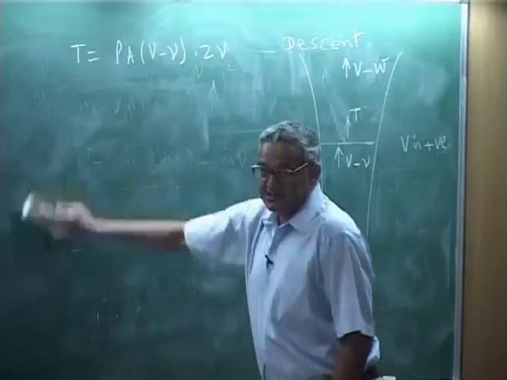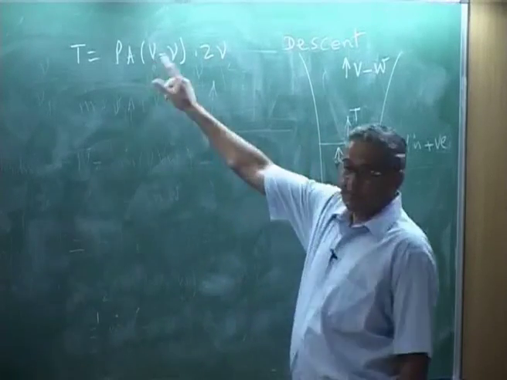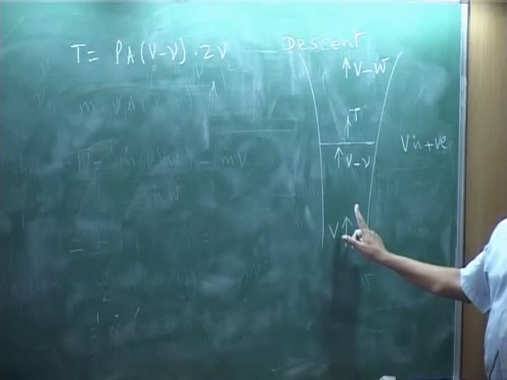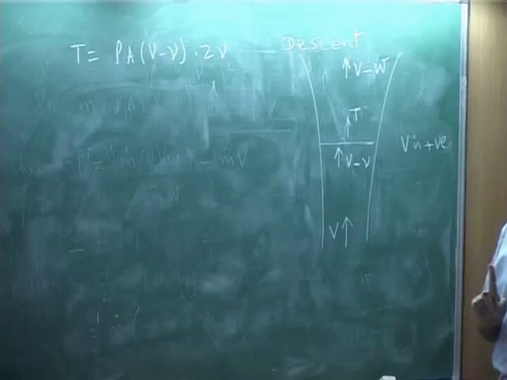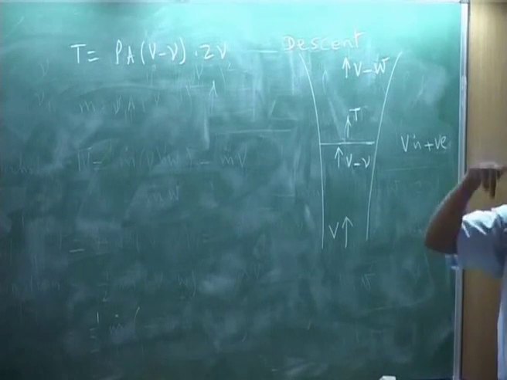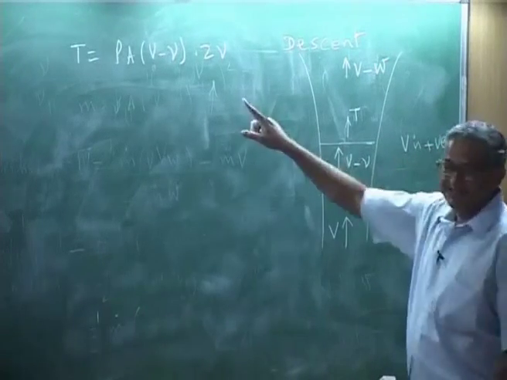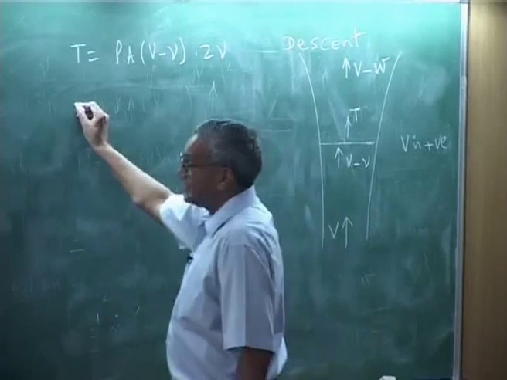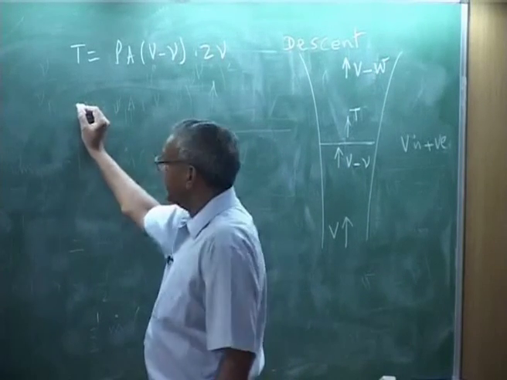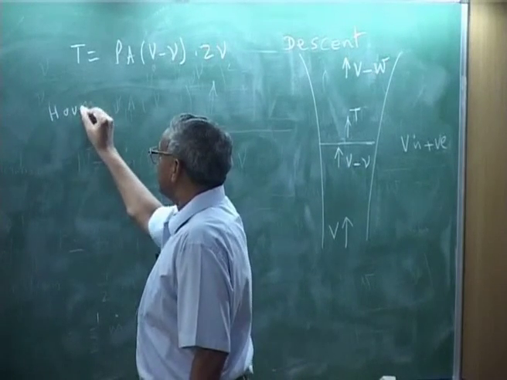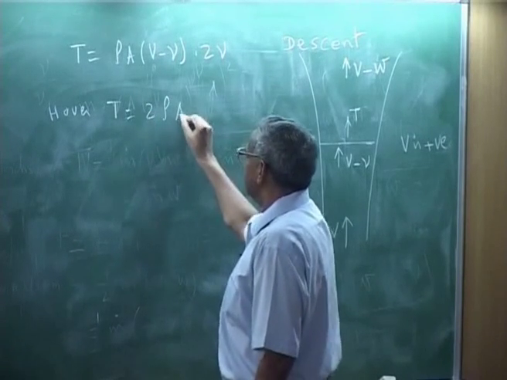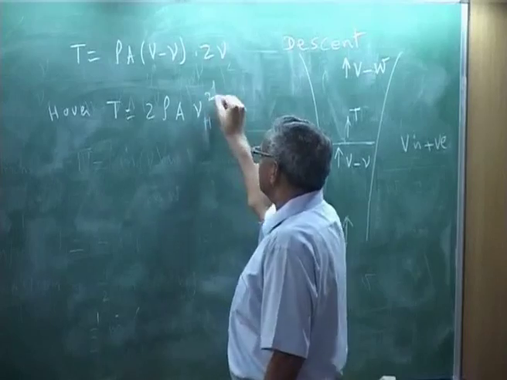But please understand here, ν is down as per this. Okay. Our hover condition as usual, in hover this is what, T is 2ρAν_h squared.